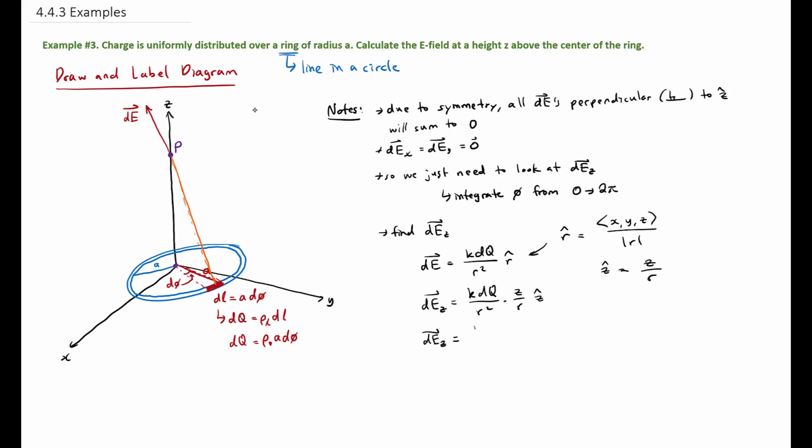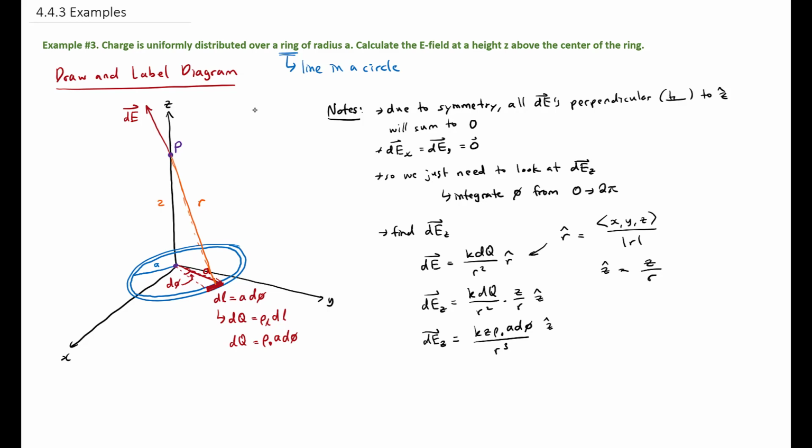dEz is equal to k z. dq was equal to rho naught a d phi. We're still in the z direction, divided by r cubed. Now the next thing is trying to figure out what r is. So when we take a look at r in this diagram, it is here in orange.